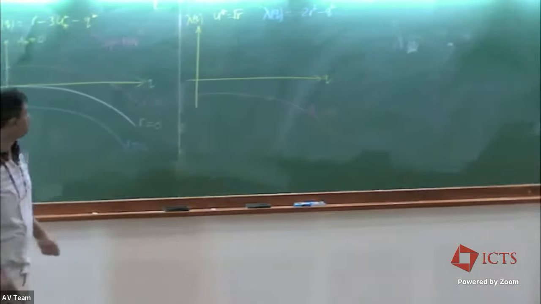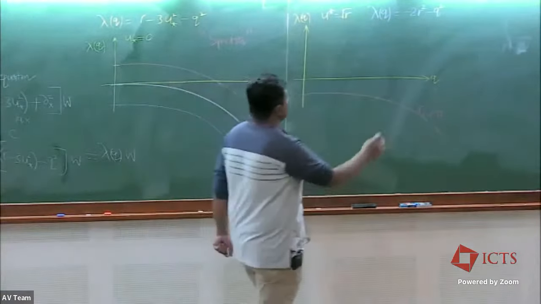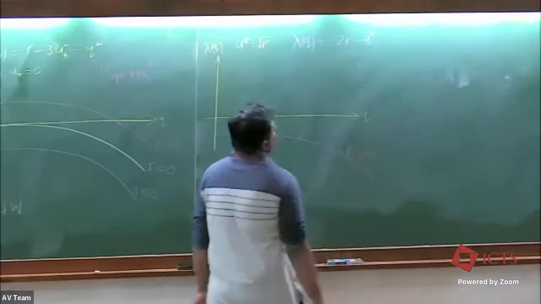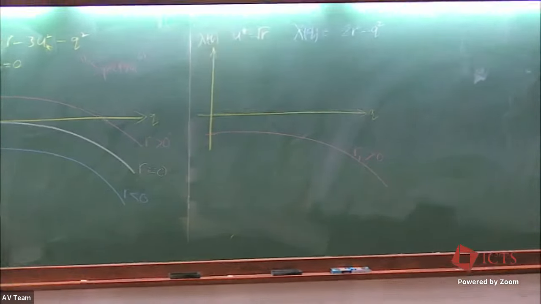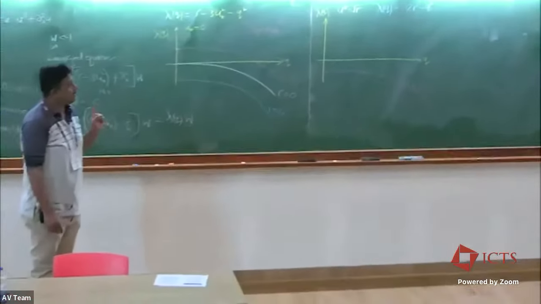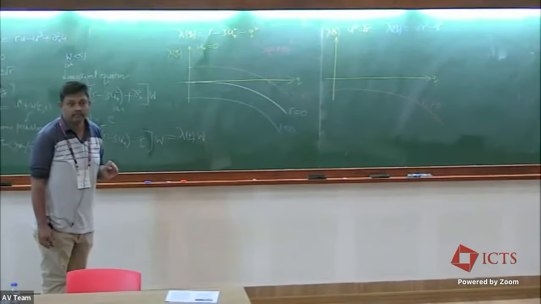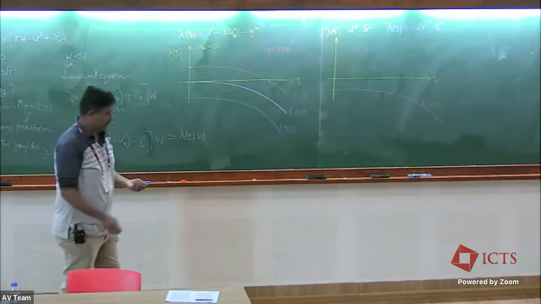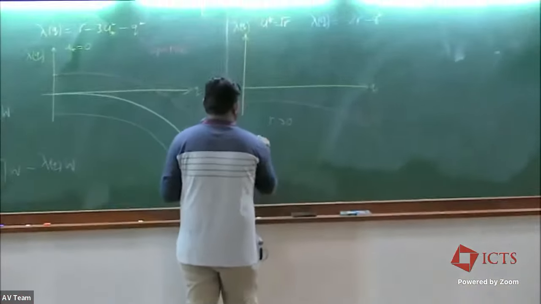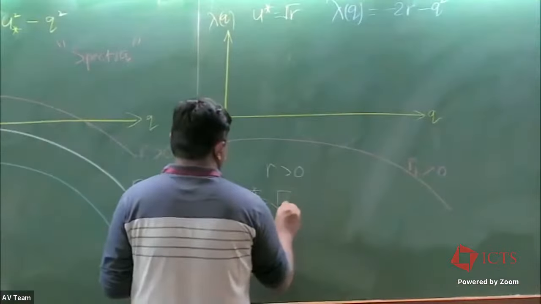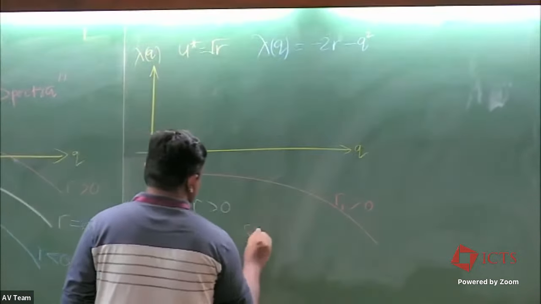Right? 2R, not 2R squared. So the question is therefore the following. Is there any R at which lambda of Q, remember for R positive, becomes positive? No? Okay. So therefore for all R greater than 0, you can show the other one is also the same thing, is stable.